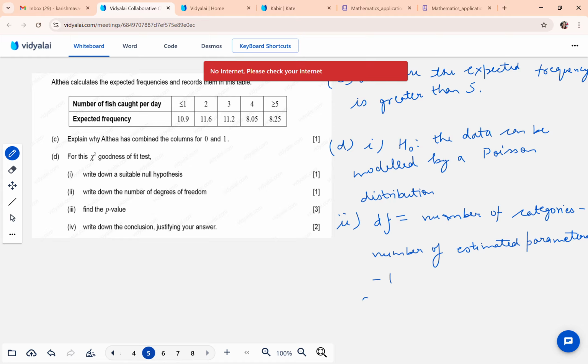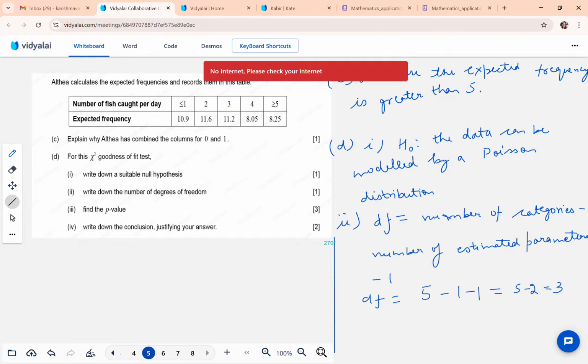So here in this case, number of categories are 1, 2, 3, 4, 5. Number of estimated parameters is 1 because we found the mean in part A, minus 1. So 5 minus 2, that is 3. So this is our required degrees of freedom.